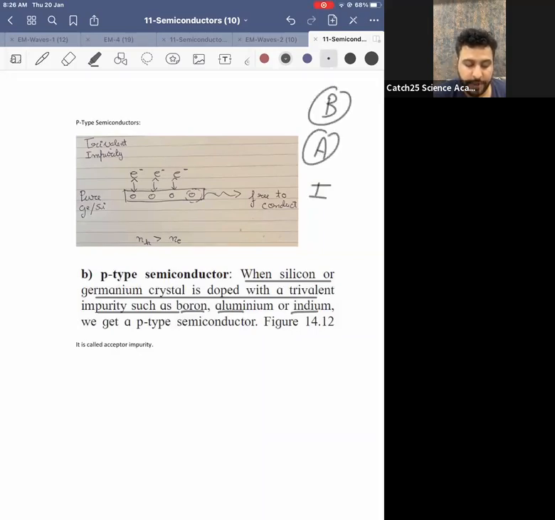Boron, aluminium, and indium, we get P-type semiconductor. This is the definition. Start writing the definition of P-type semiconductor.